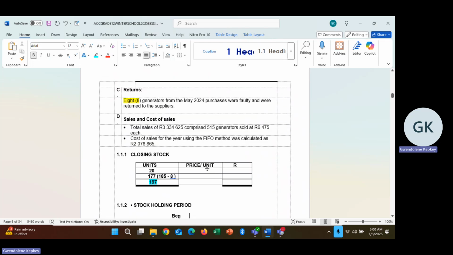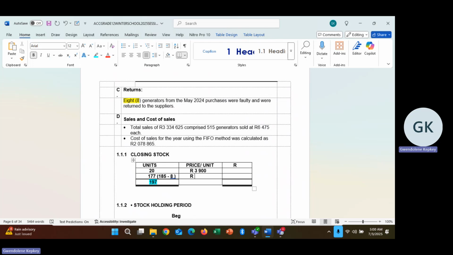So now we're going to use the unit price to get the value. I know I have 20 items left. The rand value of the 20 items is 3,900 each. And then the rand value of my items that I've purchased in the month. You can go as far as to write Feb and May there.